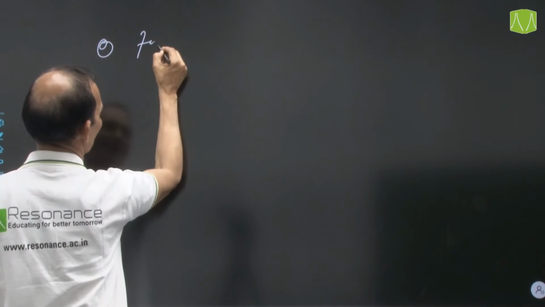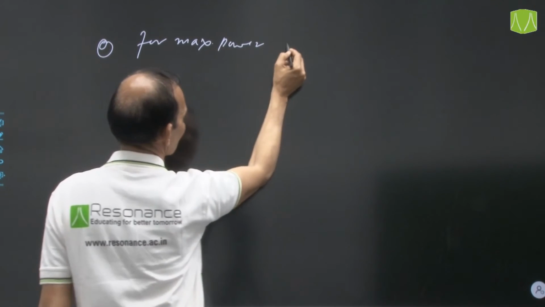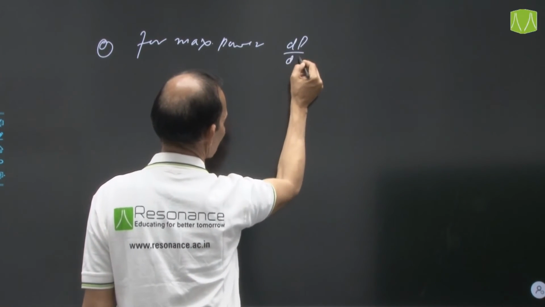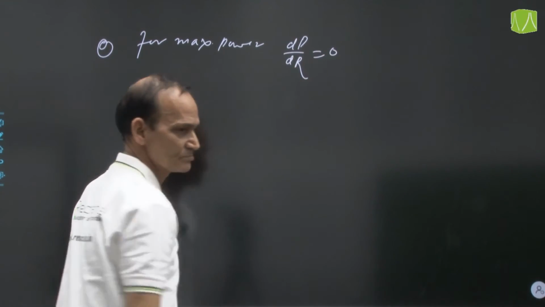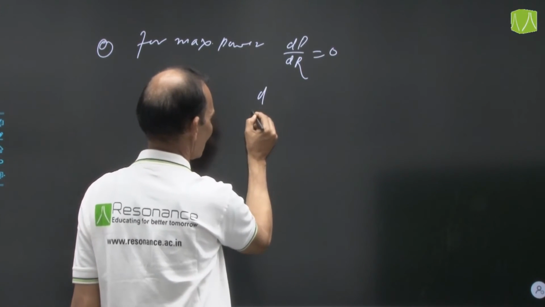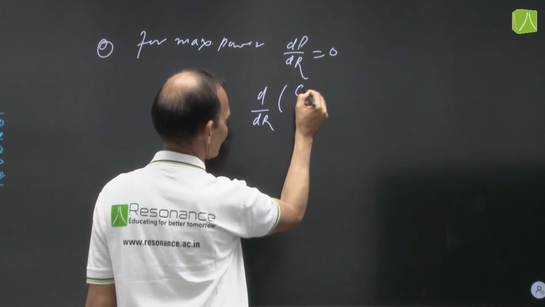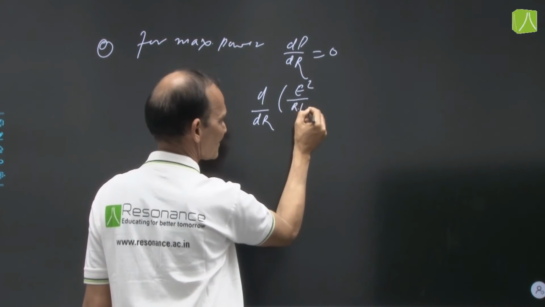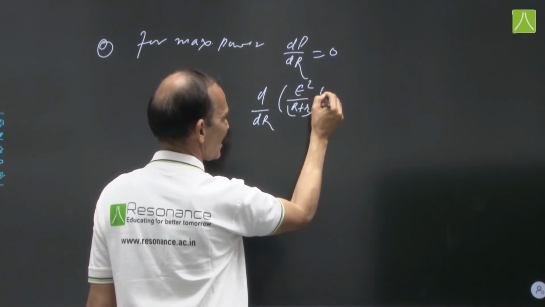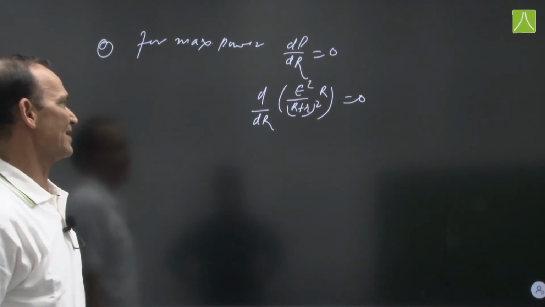For maximum power, dP upon dR must be 0. P is already calculated, d upon dR of E square R upon R plus r whole square. It must be 0.